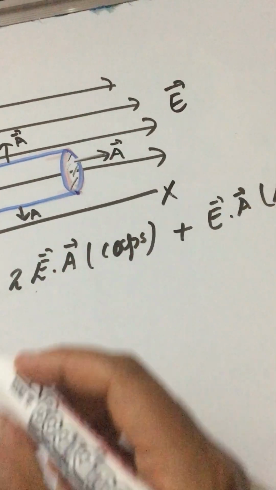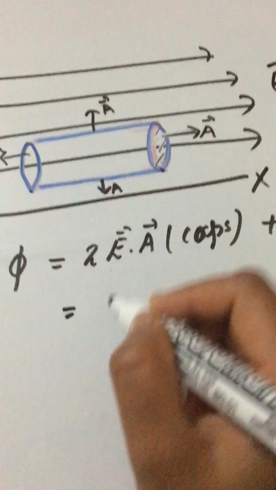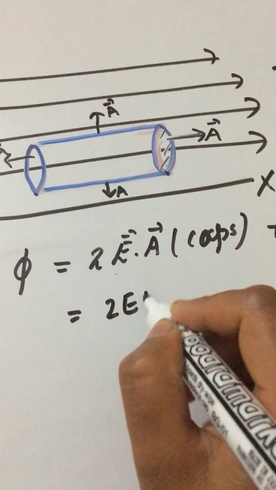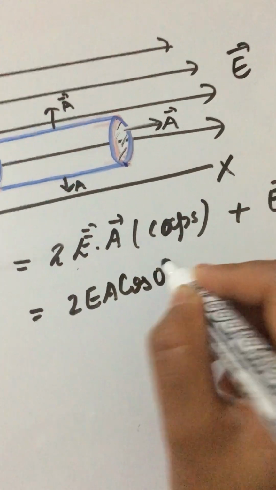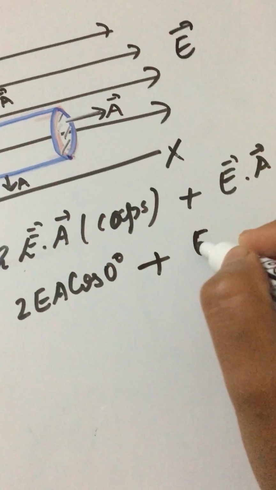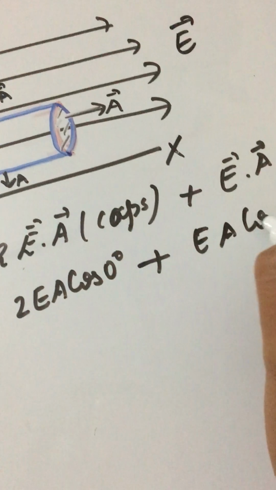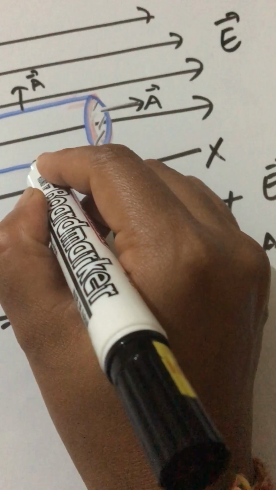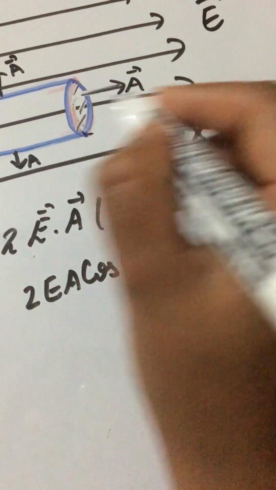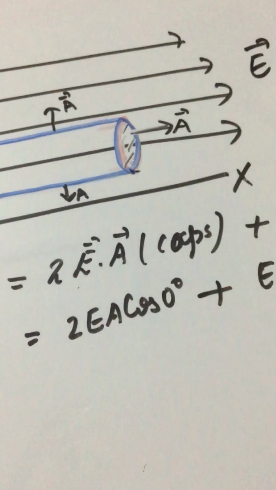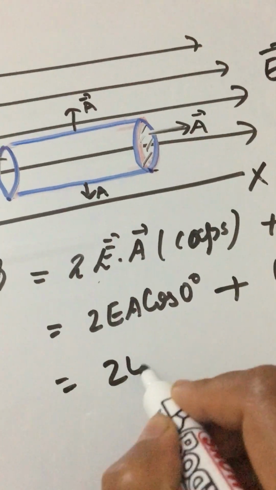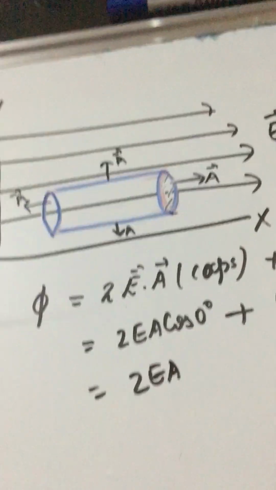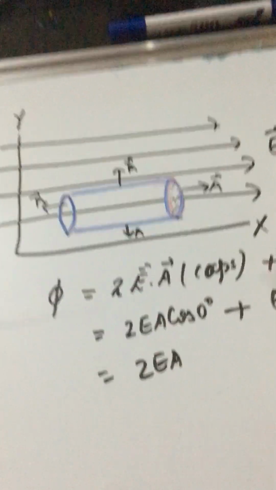So it is 2EA cos of the angle. On the caps the angle is 0 degrees, while on the lateral surface the electric field is directed along the x-axis, so the angle is 90 degrees. So the flux is 2EA, right? So we have learned how to find the flux.